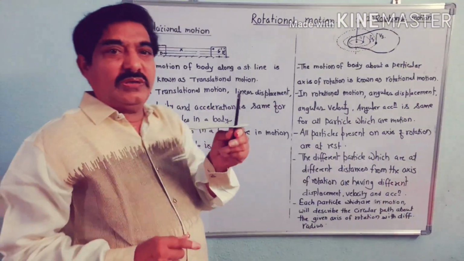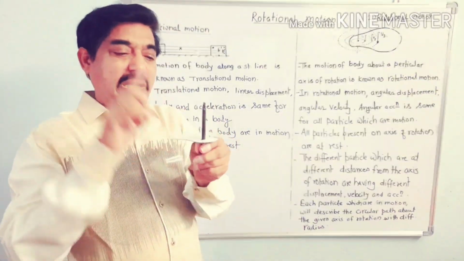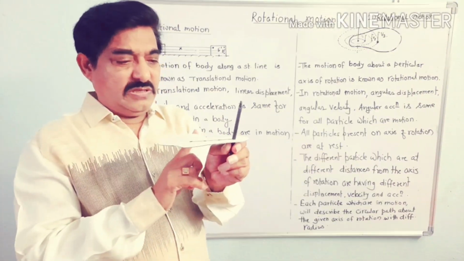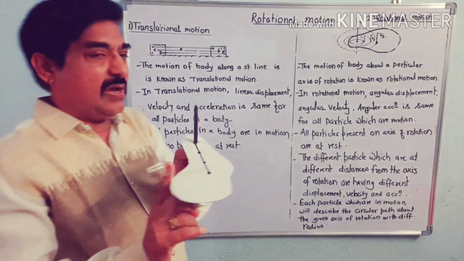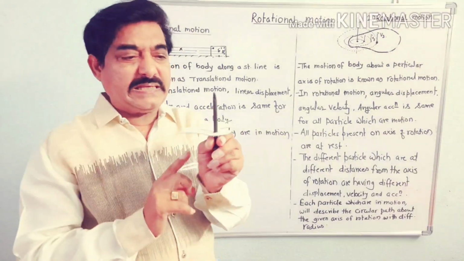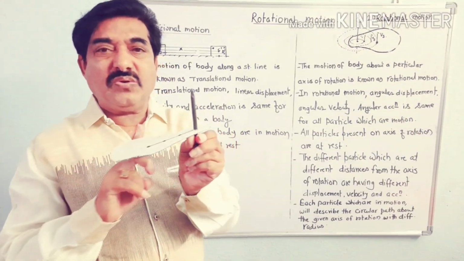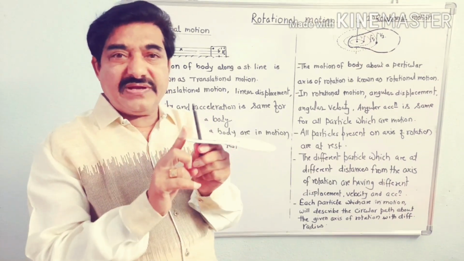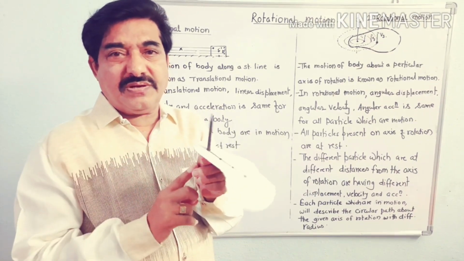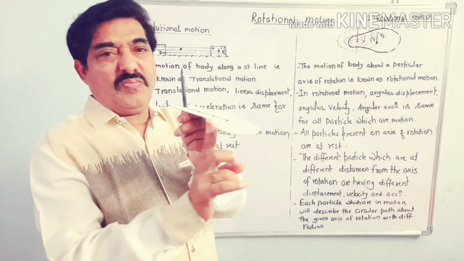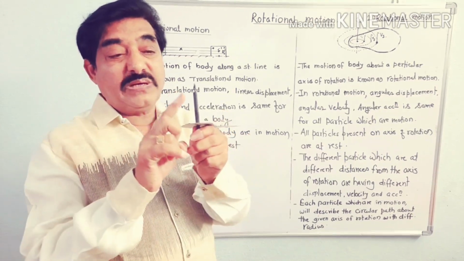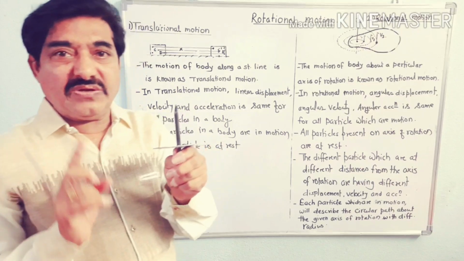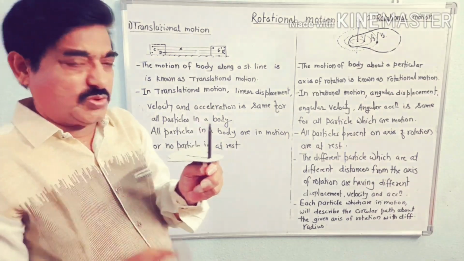So, the motion of a body about a particular axis of rotation is known as rotational motion. So this is the definition of rotational motion. The motion of a body about a particular axis of rotation is known as rotational motion.